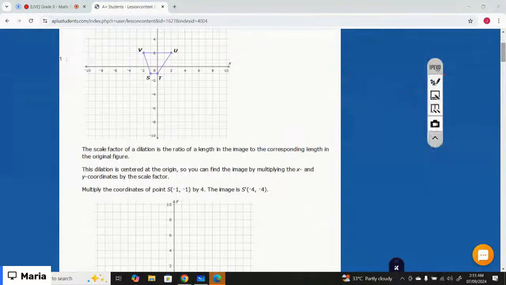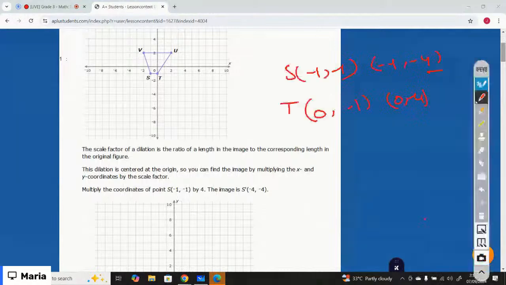Okay, the coordinates of U are 2, 2, right? When you multiply by the scale factor, that would be 8 and 8, since 2 times 4 is 8.